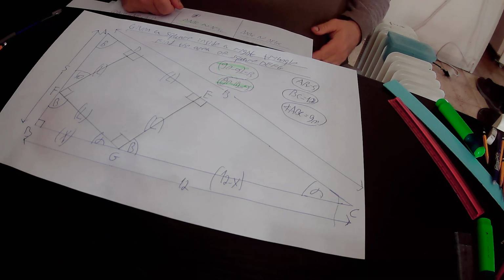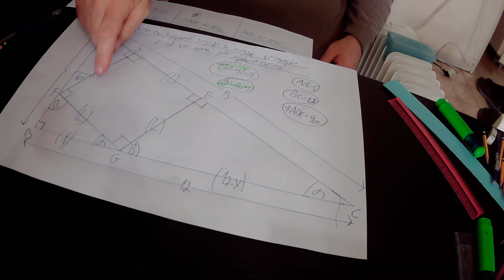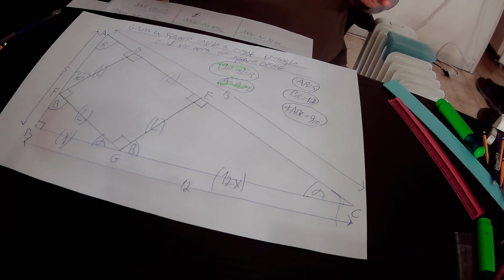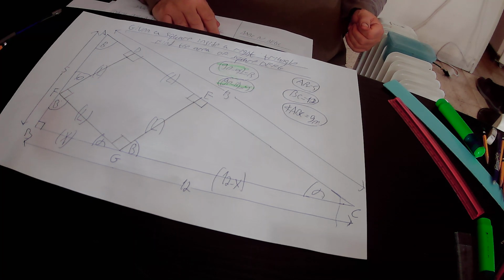So actually, we have in the drawing 4 right triangles: 1, 2, 3, and the big right triangle, triangle ABC. In total we have 4 right triangles in our drawing, and all those 4 right triangles are similar to each other according to the angle similarity rule. Why?